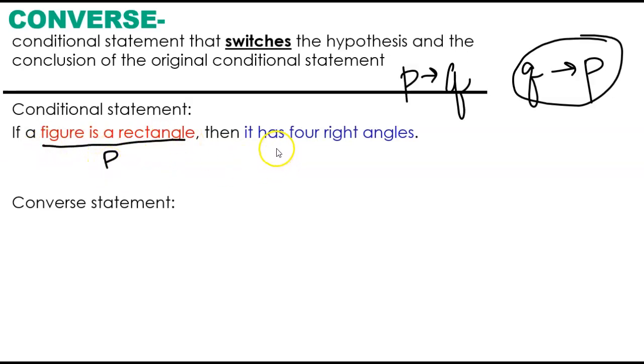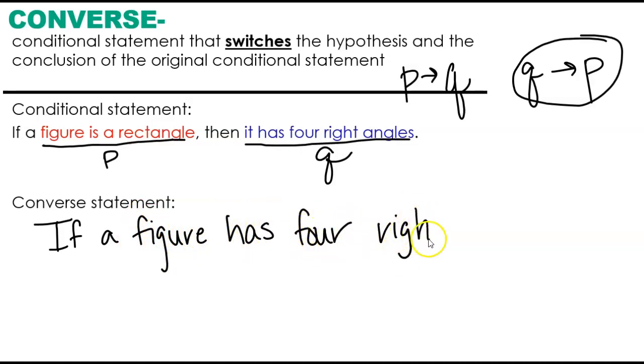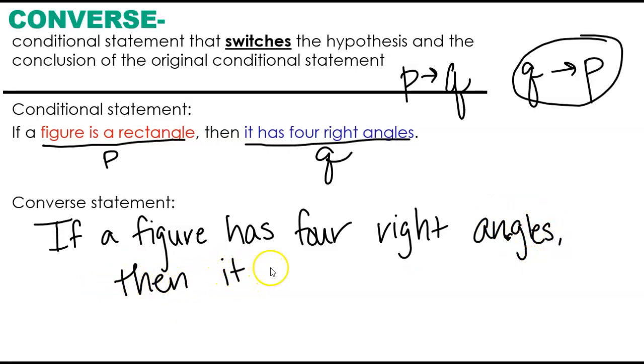We're going to call that our P. The conclusion, which is the back part, that is our Q. And remember, for converse, we just switch them. So it would say, if a figure has 4 right angles, then it is a rectangle.